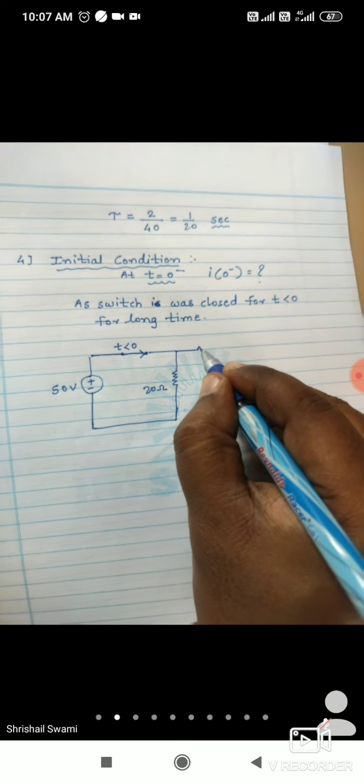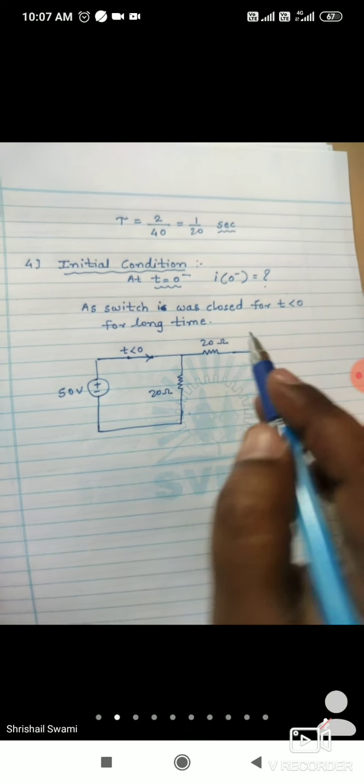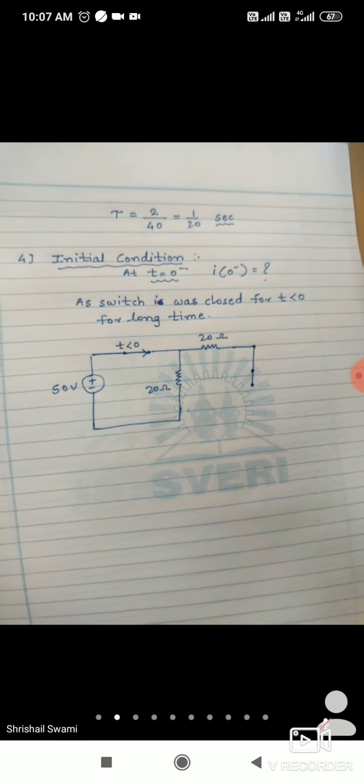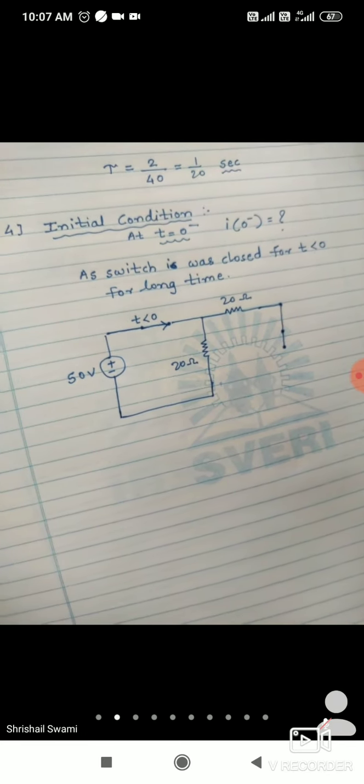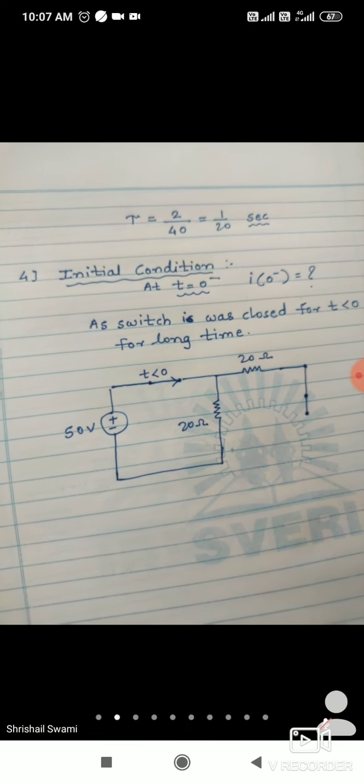Next, this resistor will be 20 ohm. So when the switch was closed for a long time, then the inductor will act as what? I have given the initial condition or final condition, you can check, that is table number 2.